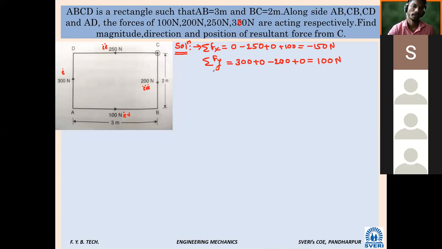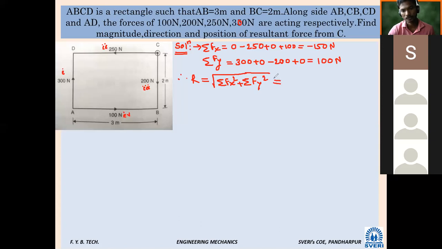Now what are we supposed to calculate after summation Fx and summation Fy? The resultant. Therefore, Rushikesh, tell me the formula of the resultant. Under root, summation of Fx square plus summation of Fy square.